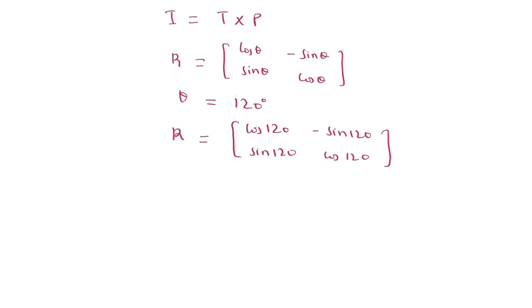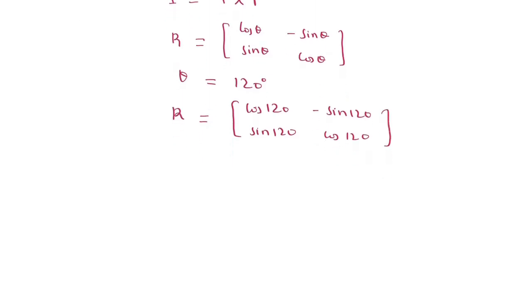Okay, so now let us reduce the angles with respect to the quadrant we have. Then our equation is going to be R equals matrix negative cos 60, sin 60, negative sin 60, negative cos 60.